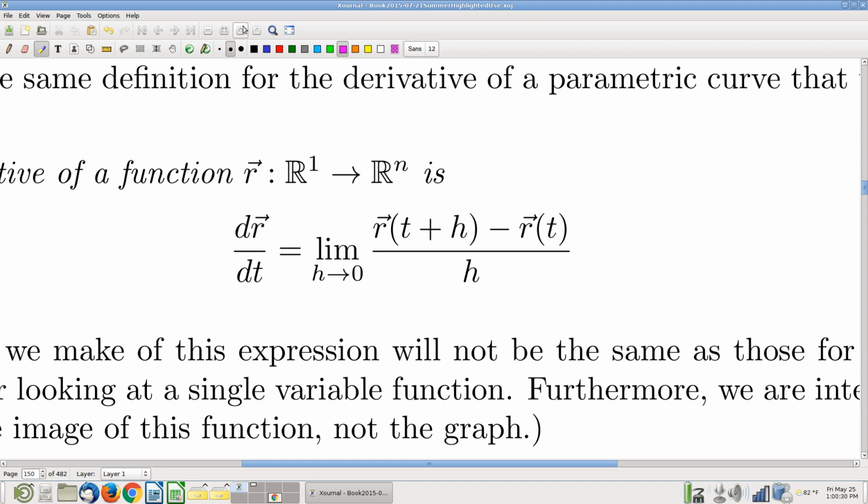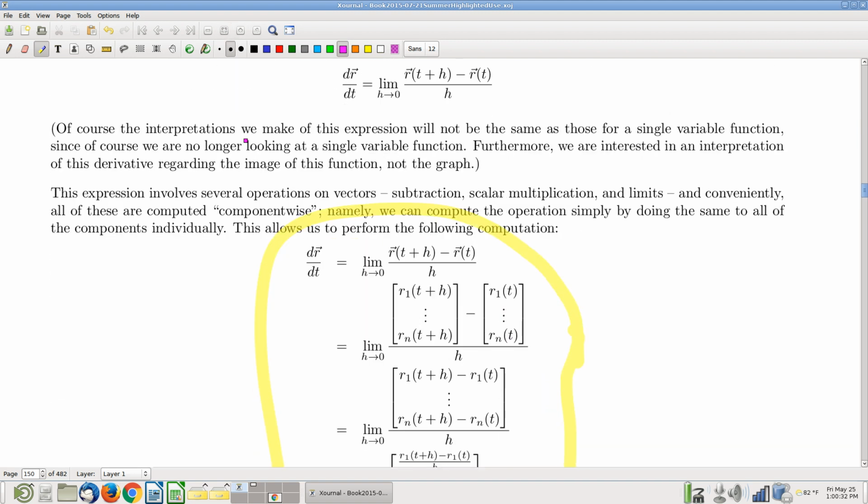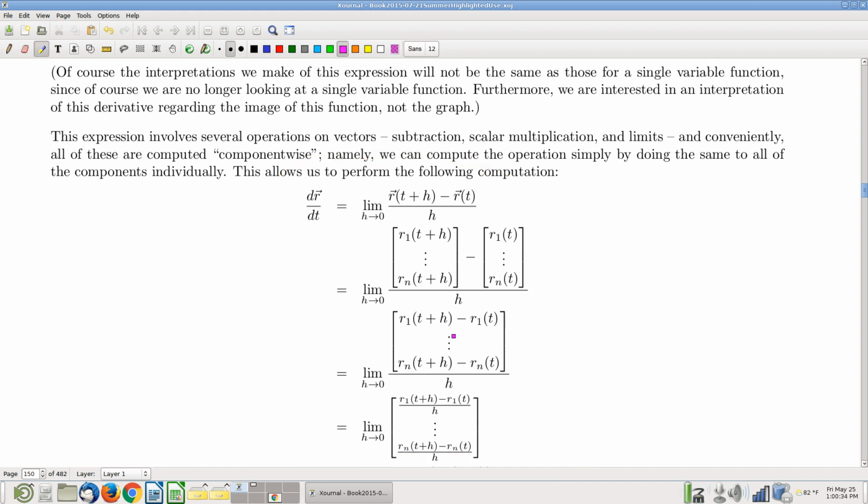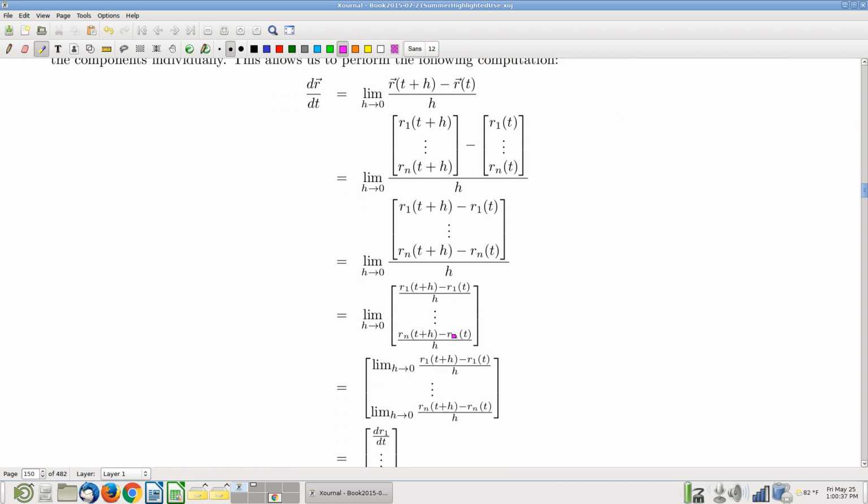Before we get to the geometric interpretation, I want to talk about computations a little bit. Here's how you, in fact, compute them. There's a nice punchline here. Derivative of a parametric curve, this limit. If you think about, well, how do you subtract two vectors? Well, you subtract two vectors component-wise. A vector whose components are these minus a vector whose components are these. The result is a vector whose components are the individual coordinate differences.